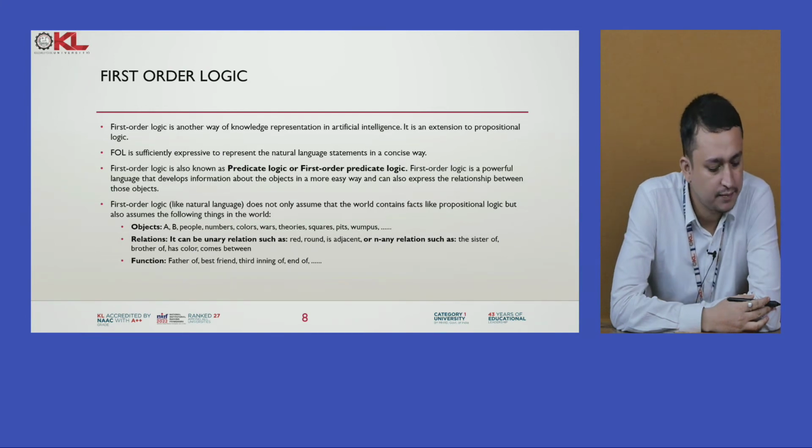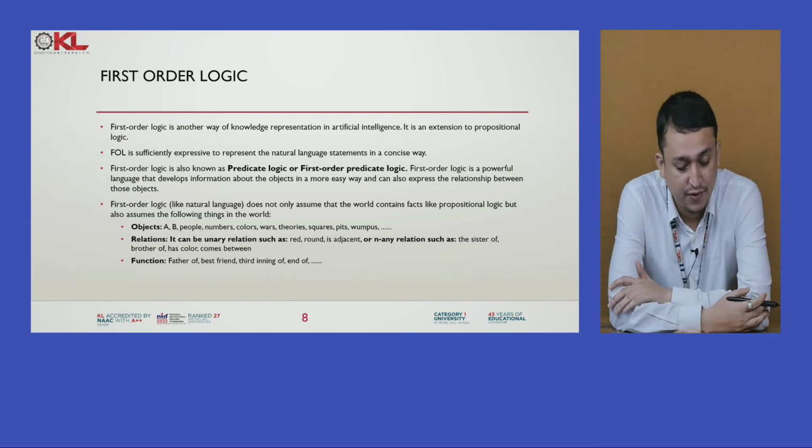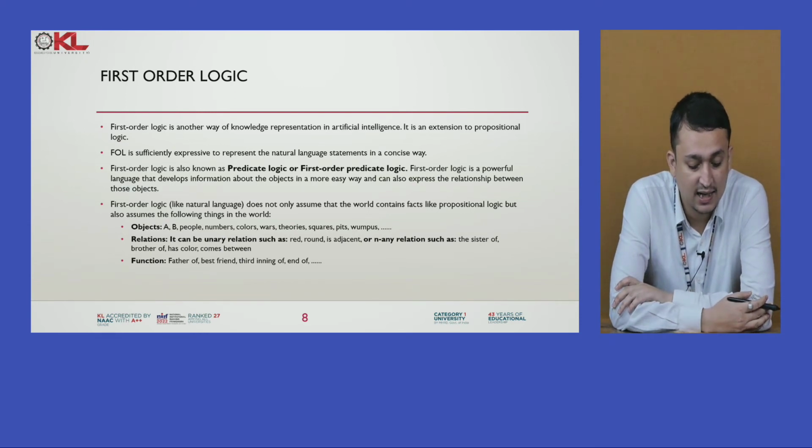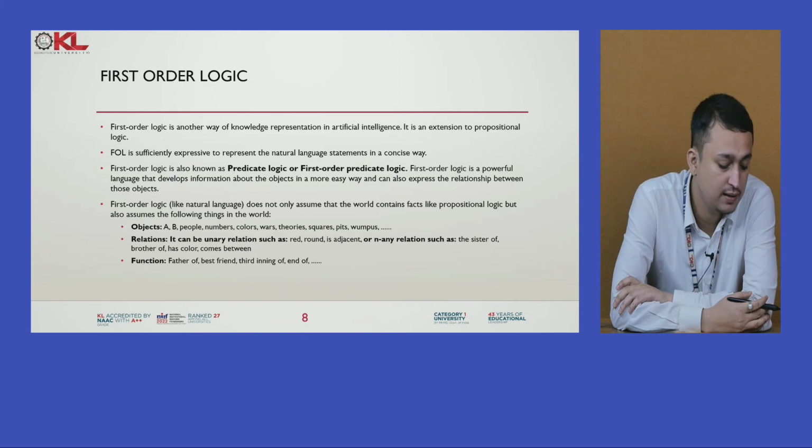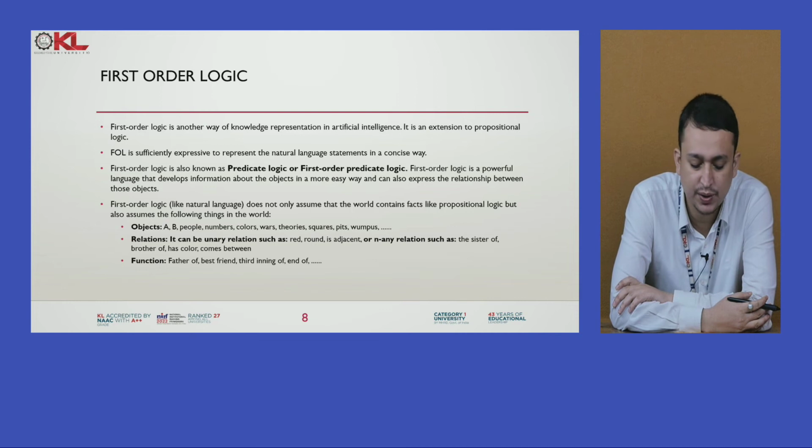power. First order logic does not only assume that the world contains facts like propositional logic, but also assumes the following things in the world, like objects. Okay, objects include A, B, people, numbers, colors, words, theories, anything you can consider.